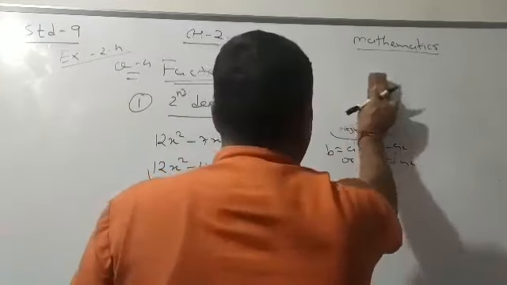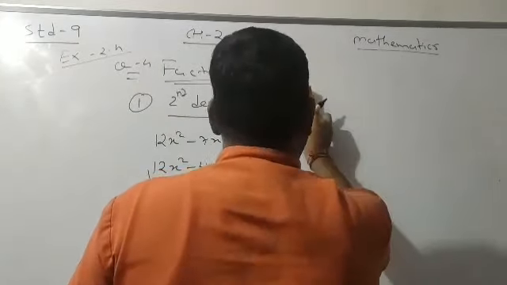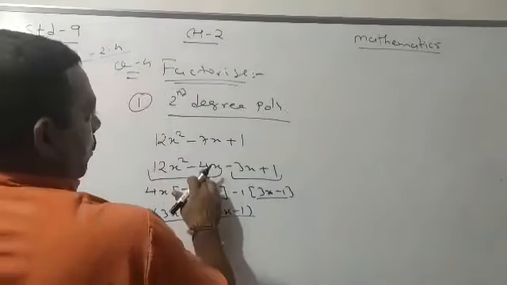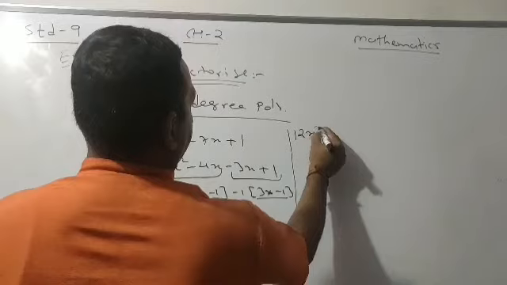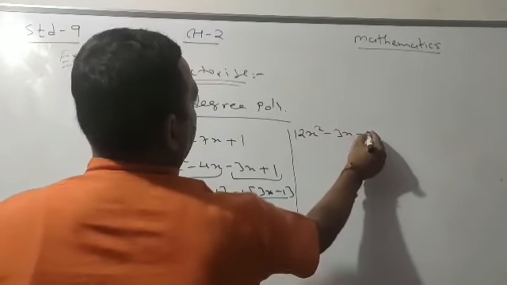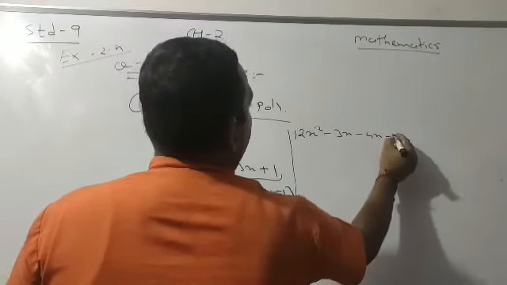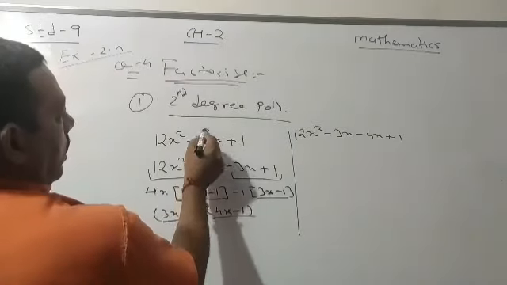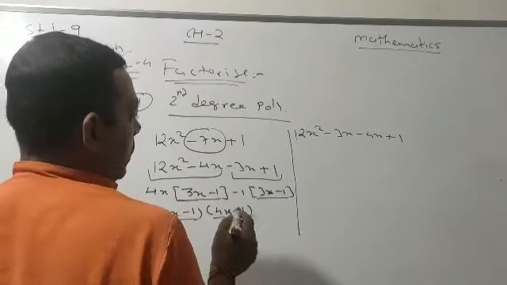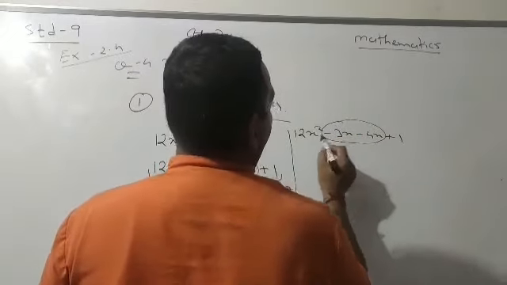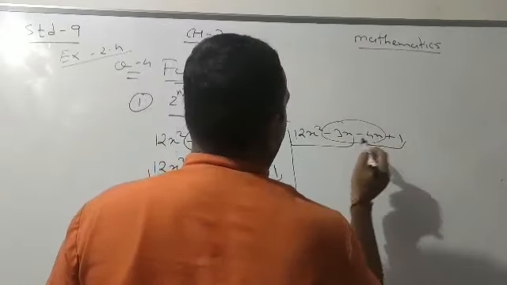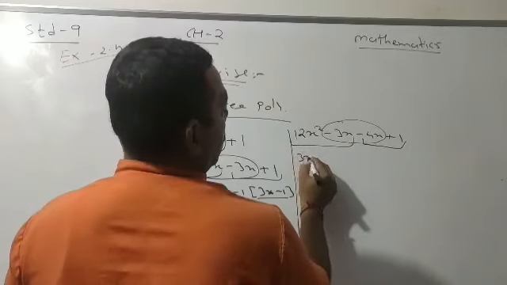Now it is not necessary to write 4 first and 3 first every time. It is up to you. You can write the same thing, 12x square, then minus 3x, then minus 4x, then plus 1, because at last we want minus 7x. Here also we get minus 7x. Now after this you have to make 2, 2 pairs. So what can we take common here? 3x.